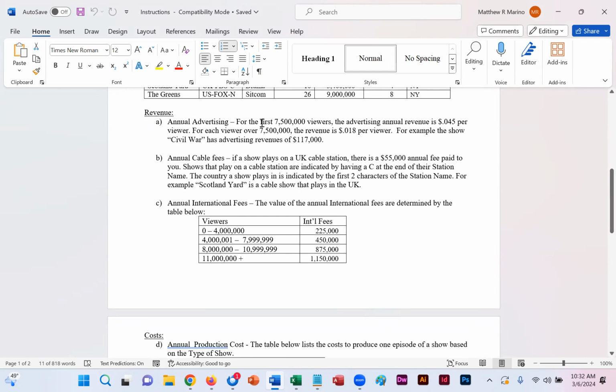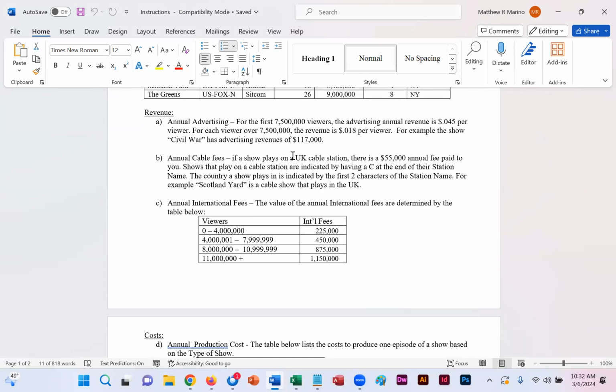Below, in the revenue section here, is how you get them basically. So the advertising for the first 7.5 million viewers, it's a little less than 5 cents. Otherwise, it's a little less than 2 cents for all of them over 7.5 million. Now, we did an example of that on Monday, where basically it's the first 7.5 million times this.